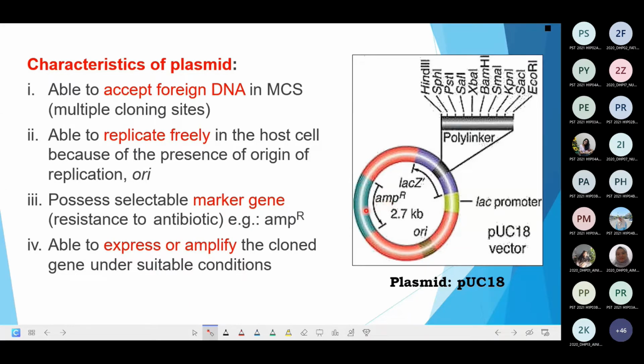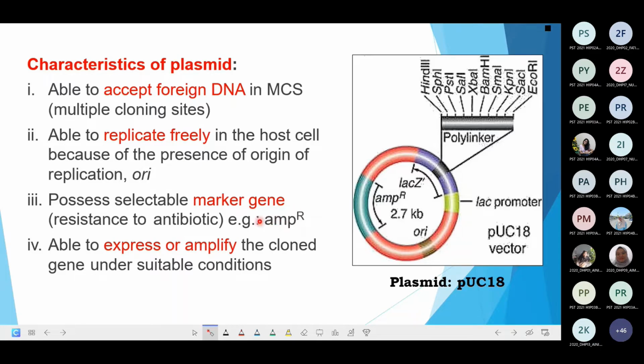The AmpR gene is a gene that will give resistance to antibiotic. Antibiotic is a substance that should kill the bacteria. However, if a bacteria has got the plasmid and the plasmid will be having this AmpR gene, the bacteria will not be destroyed by the antibiotic, by the ampicillin.